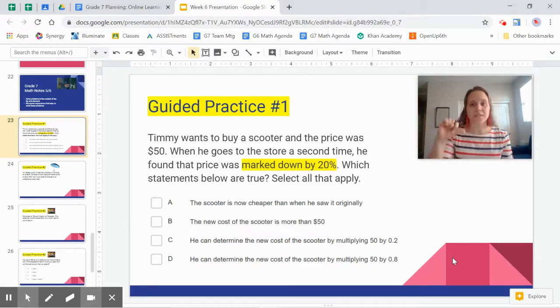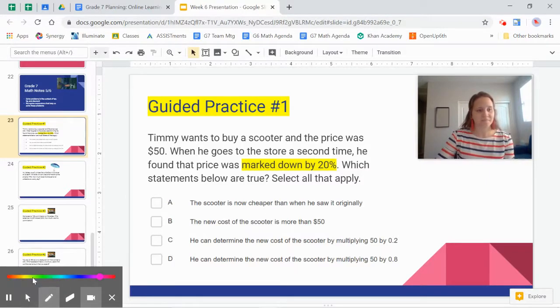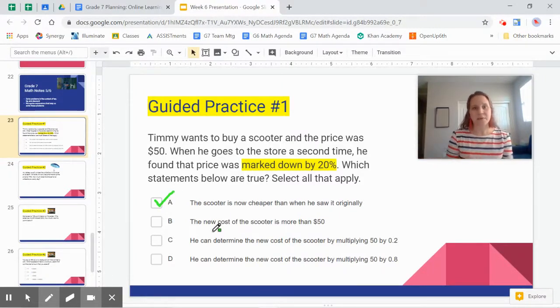If you were thinking the price was less, you are right. A discount means the price drops. So what do you think about answer choice A? The scooter is now cheaper than when he saw it originally. Yep, I think A is true. If the price decreases, then it is cheaper.